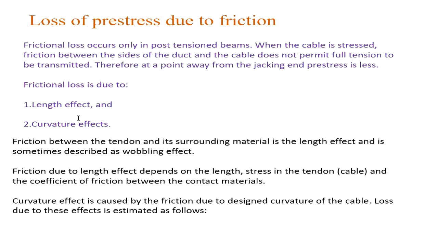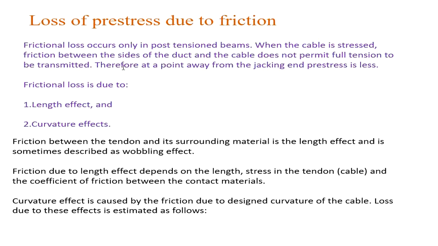Then, the loss of pre-stress due to friction. Frictional loss occurs only in post-tension members when the cable is stressed. Friction between the cable and the duct does not permit full tension to be transmitted.